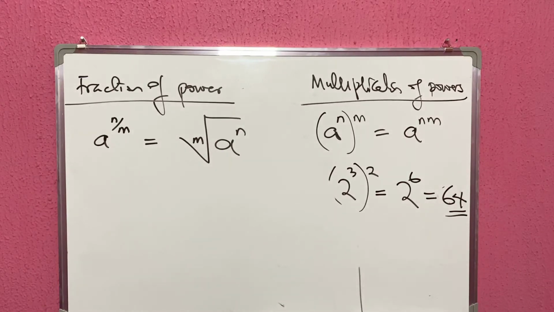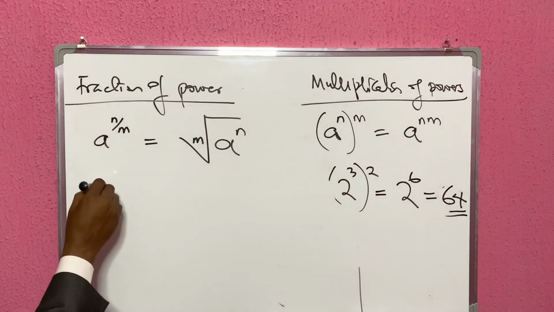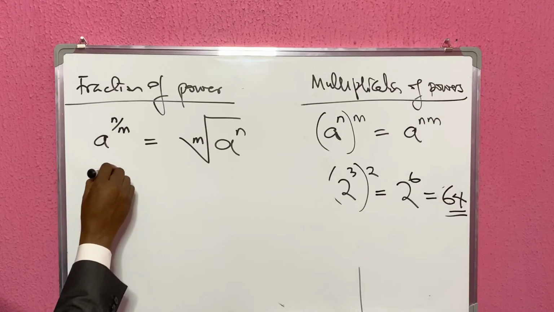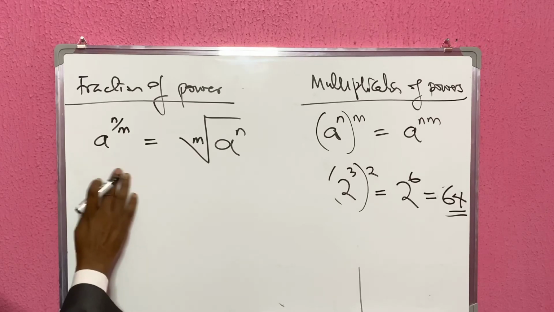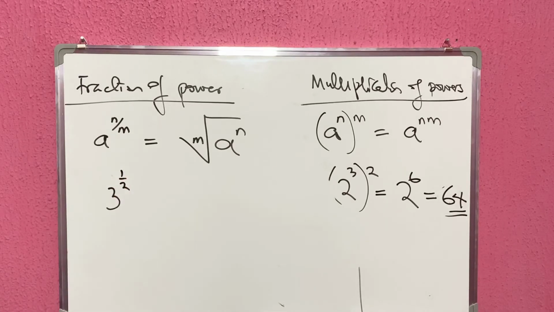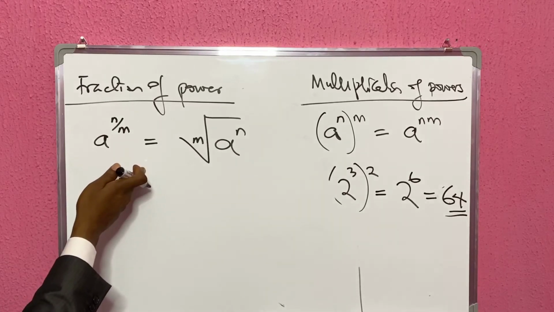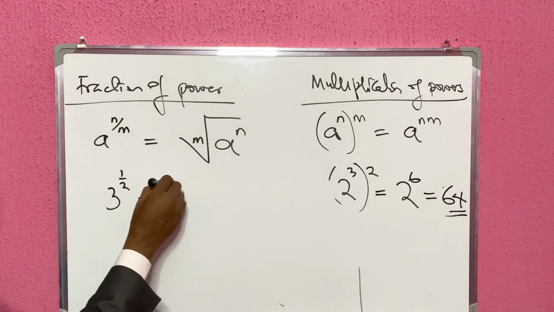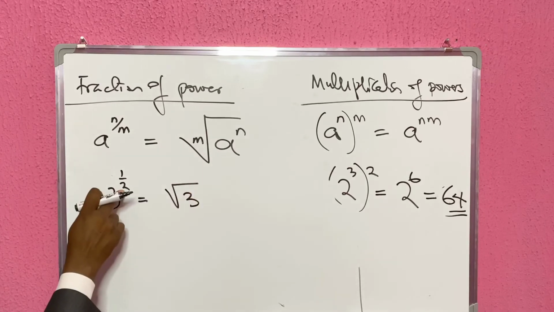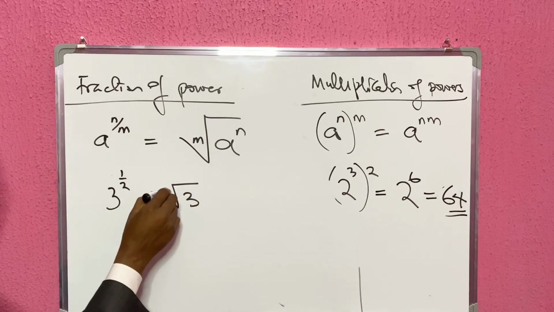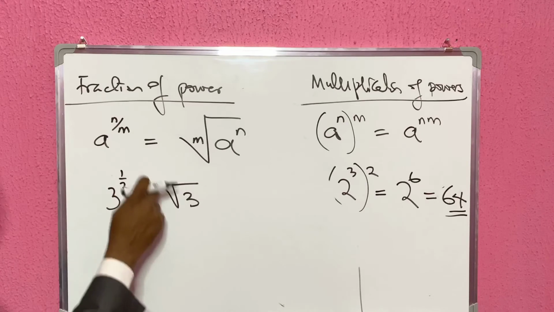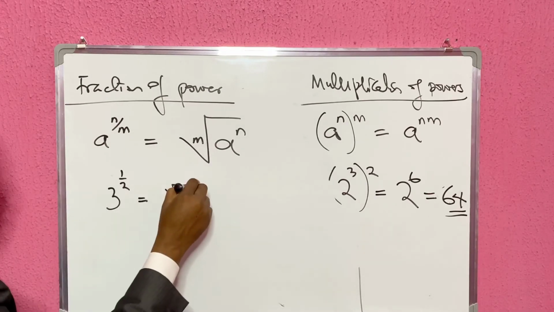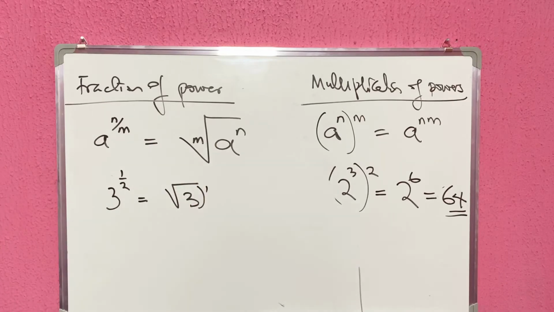Is that clear? That's to say that if you have something like 3 raised to the power 1 over 2, it's a fraction of power, it will give us root 3, because if you put 2 here again, it's tautology, because the root means this, raised to power 1.